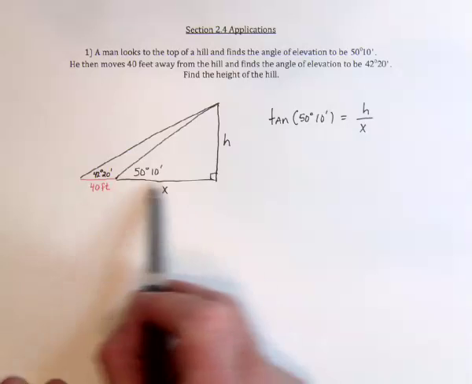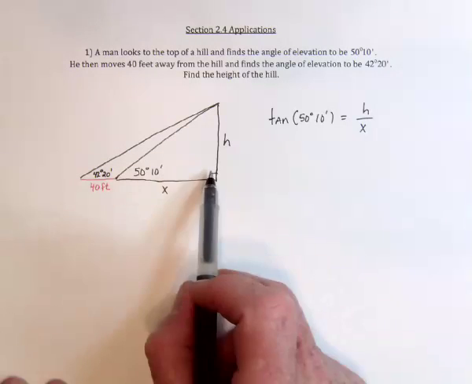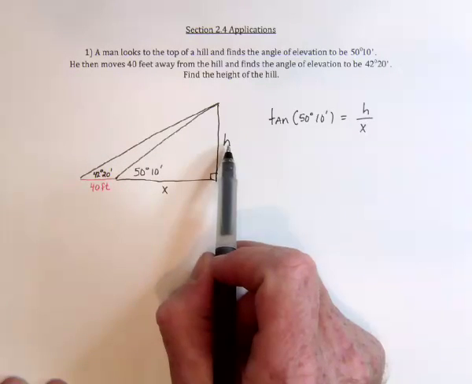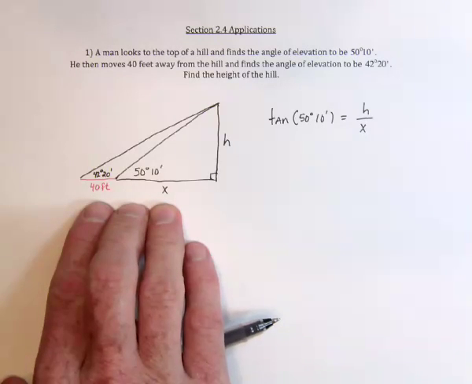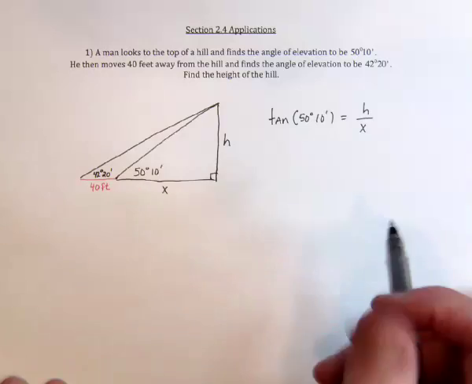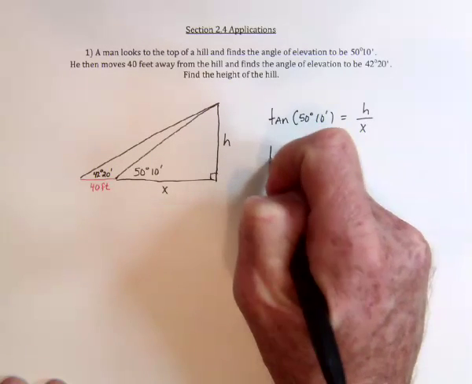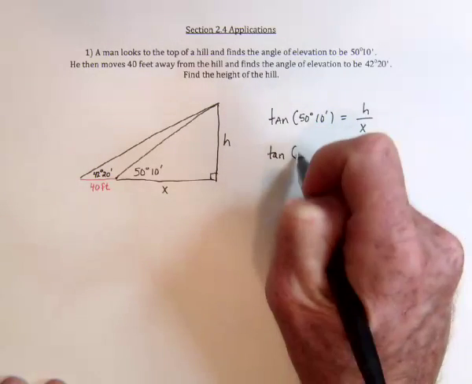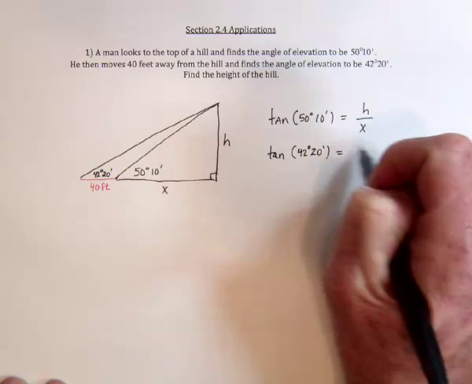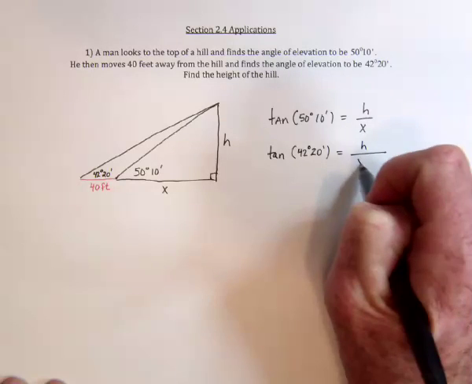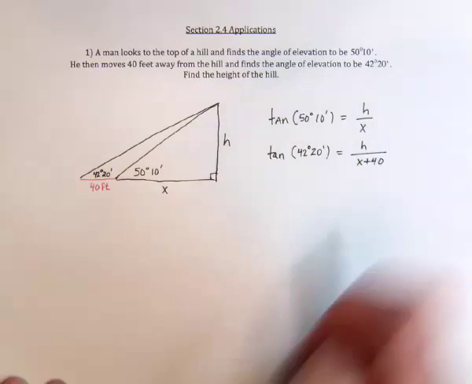So now if you look at this whole thing as one big right triangle, we again have opposite, and this time adjacent is going to be x plus 40. So the other equation is going to be that tangent of 42 degrees and 20 minutes is opposite over adjacent.